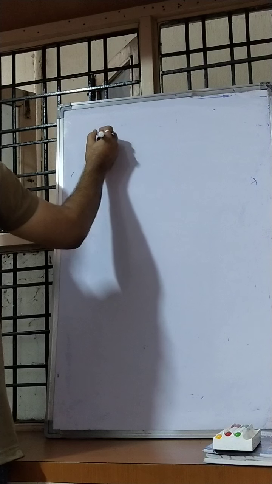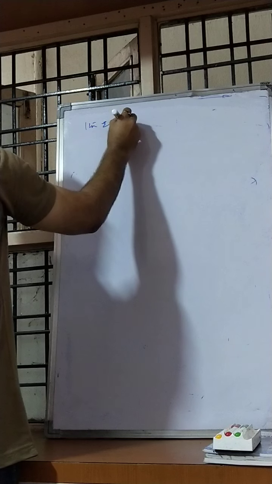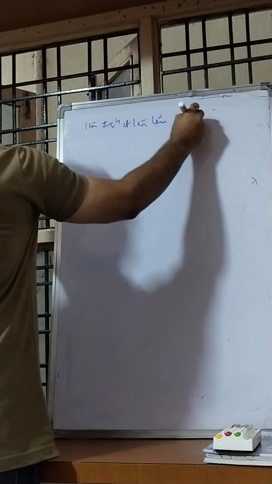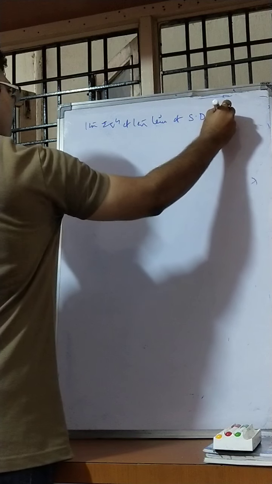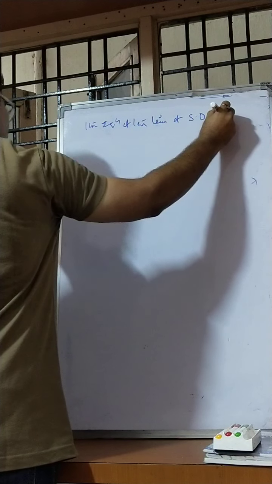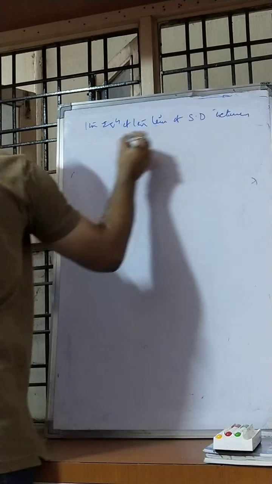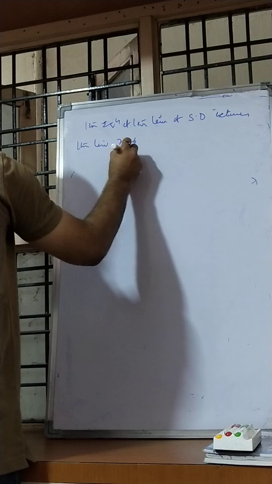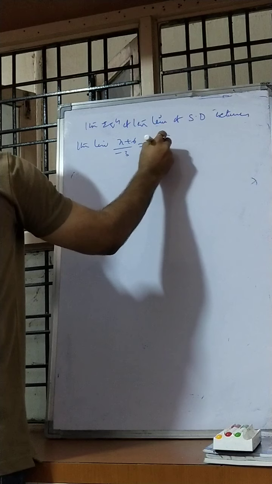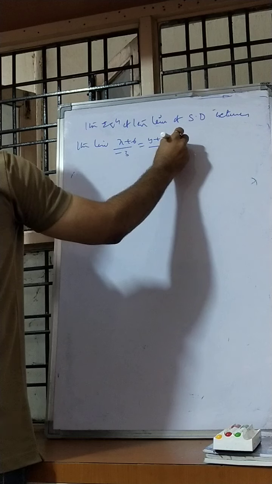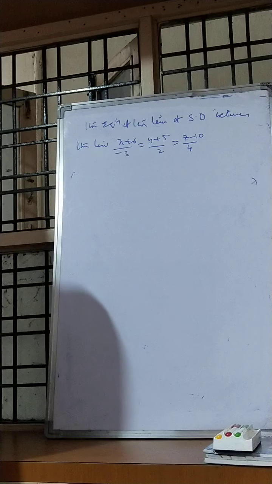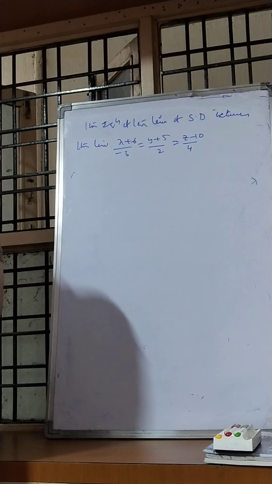One problem is there. You see here the equation. The equation of the line of shortest distance between the lines (x plus 6) by minus 3, (y plus 5) by 2, and is equal to (z minus 10) by 4.